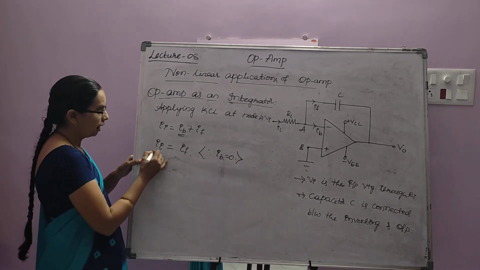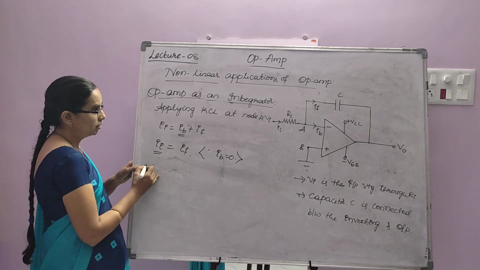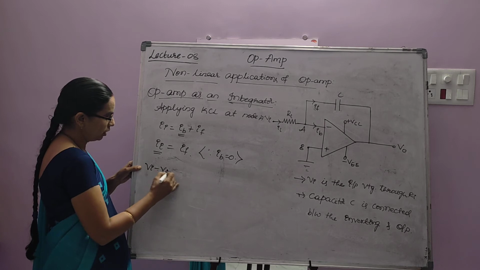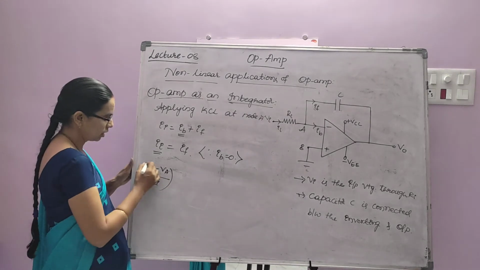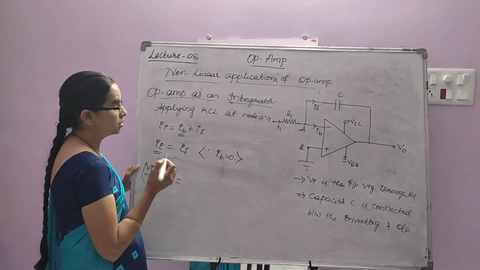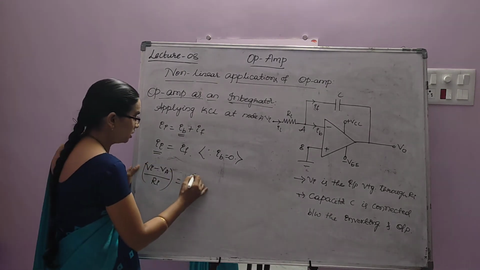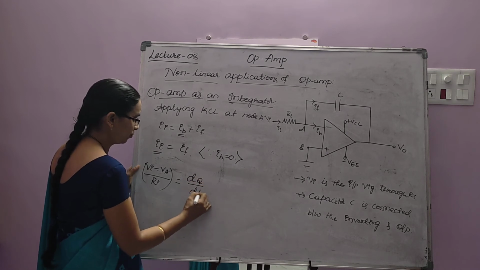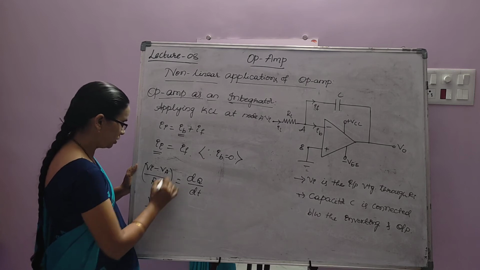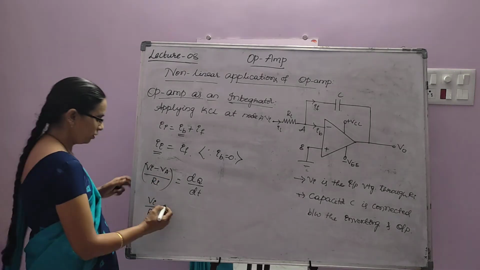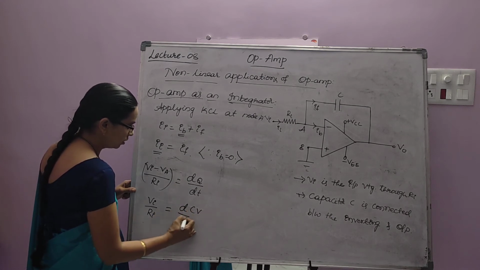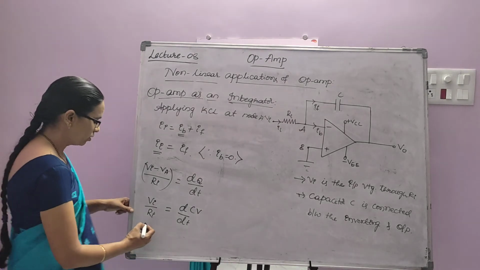And Ii can be written in terms of voltage and resistance, that is (Vi minus VA) divided by Ri, which is equal to IF, the current flowing through the capacitor, so that can be written as dq by dt. So Vi by Ri, as VA is equal to 0, is equal to d(CV) by dt.